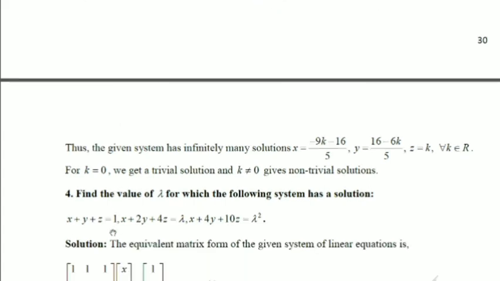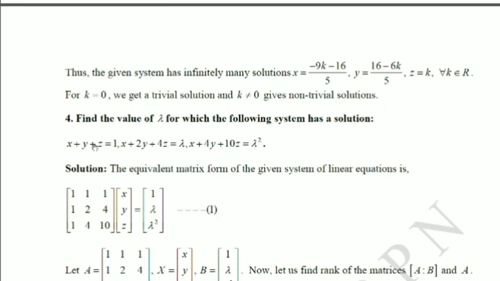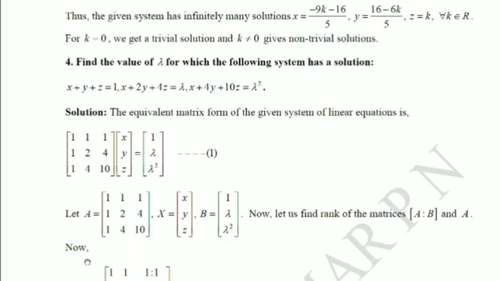And the next problem is find the value of lambda for which the following system has a solution. So already they have given this non-homogeneous system of equations as having a solution. How to obtain that solution? For which value of lambda does this become a consistent system? Let us see. As usual, write the equivalent matrix form.